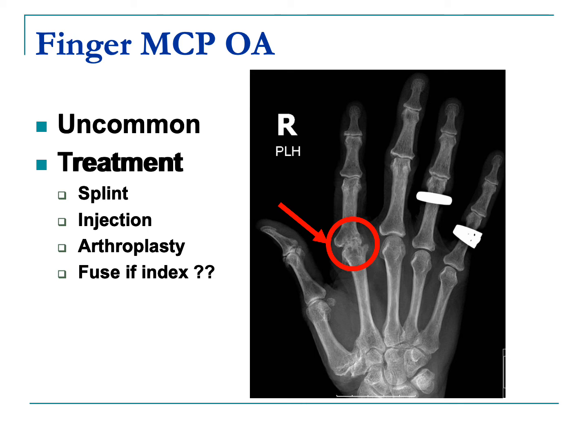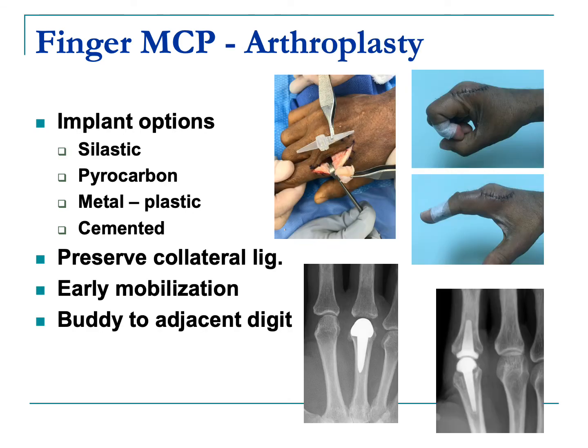In general, patients would prefer to preserve mobility, so implant arthroplasty is the most common. If, however, the index finger demonstrates significant laxity of the radiocollateral ligament, if it's a person who does a lot of pinching and gripping, then fusion of the MP joint may be preferable to implant arthroplasty.